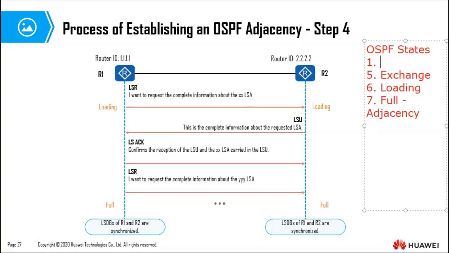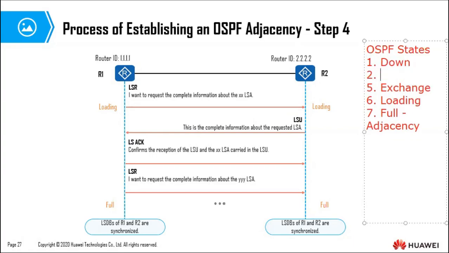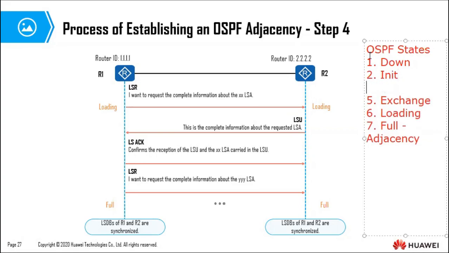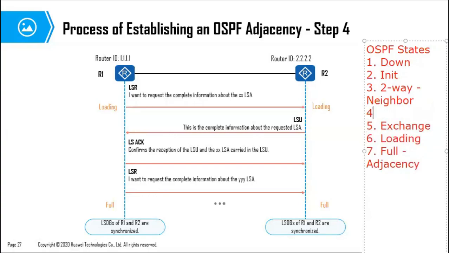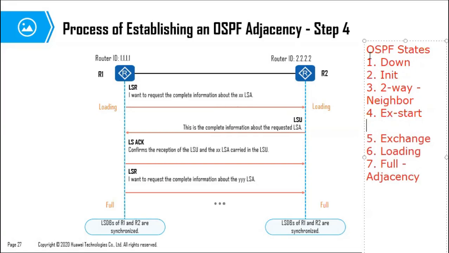OSPF states: number 1, we say down, then init. After init, we have the two-way. So here we say you're neighbors. Number 4, we have the exstart, then exchange.